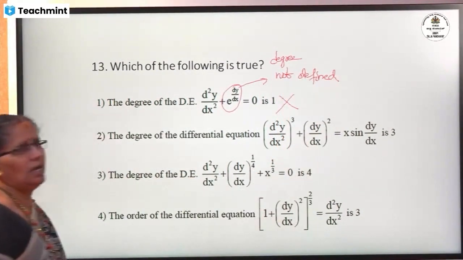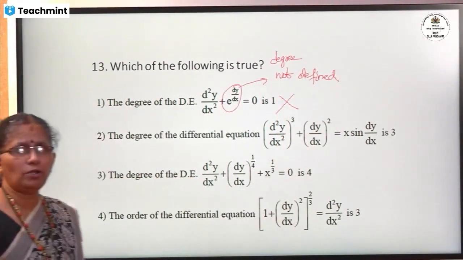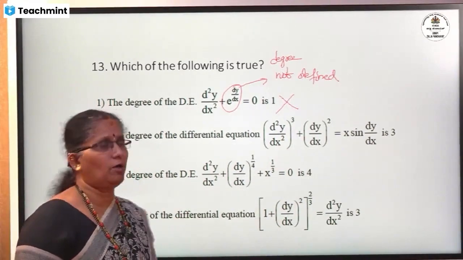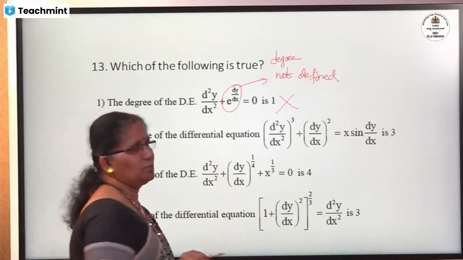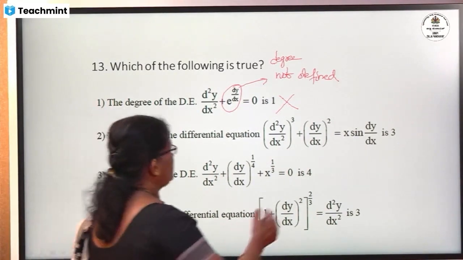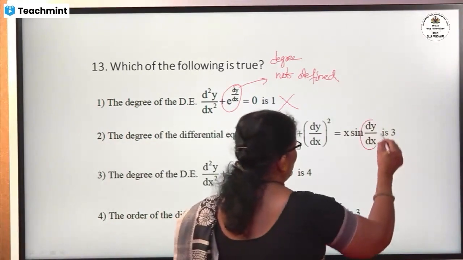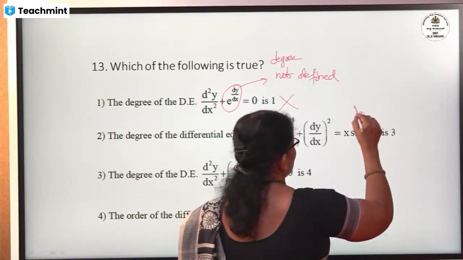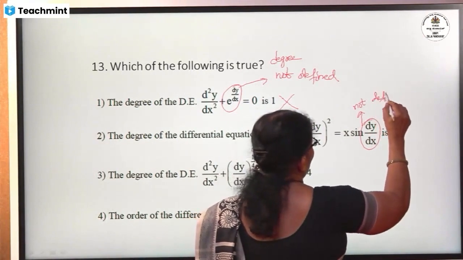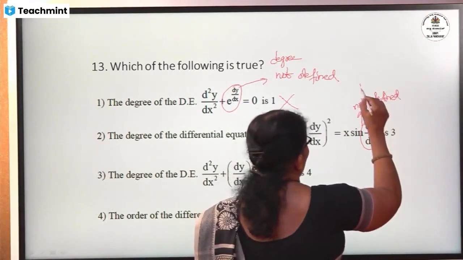Because I have said that it should be a polynomial as far as the derivatives are concerned. Now e power dy by dx is not a polynomial, therefore degree is not defined. Can you see that here also dy by dx comes inside the sign, therefore degree is not defined.